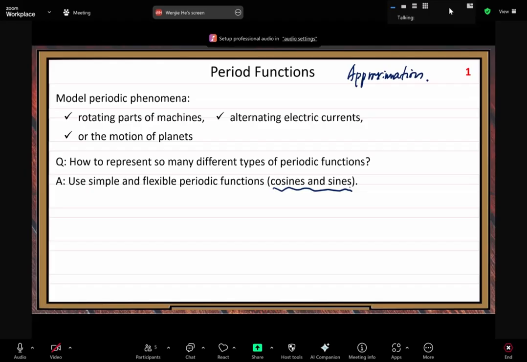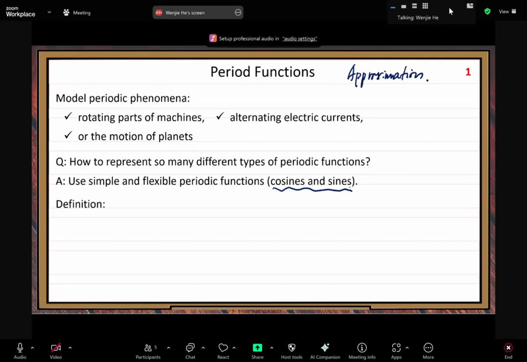And they are periodic functions. So if you use sine and cosine to represent general periodic functions, they are structure-wise compatible: we use nice periodic functions to represent general periodic functions. That makes sense.